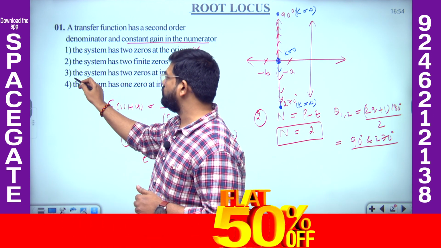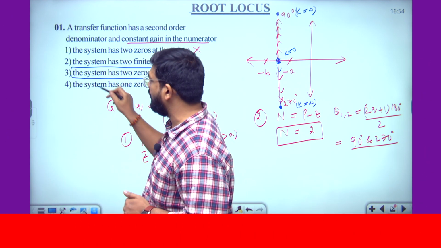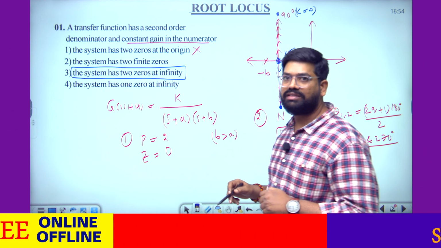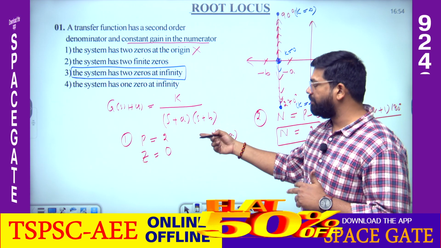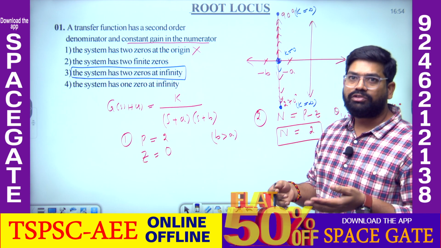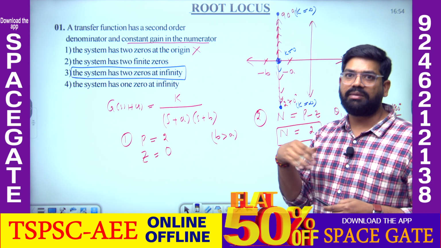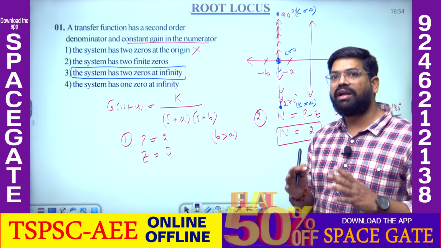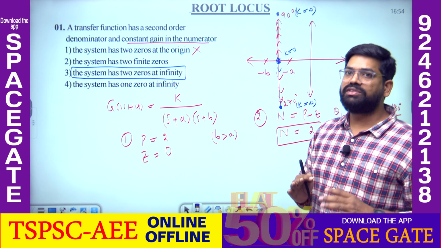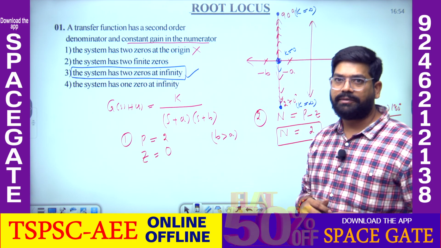The system should have zeros at infinity, only then can we have that. When only two poles are present, zeros at infinity must be there, so that the root locus branches start at poles and terminate at zeros. So the right option is two zeros at infinity.